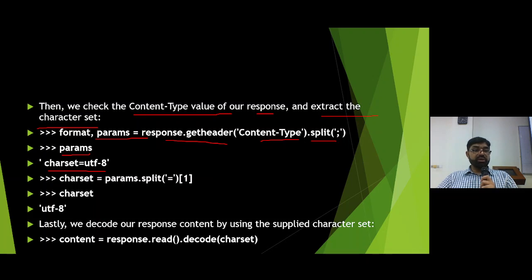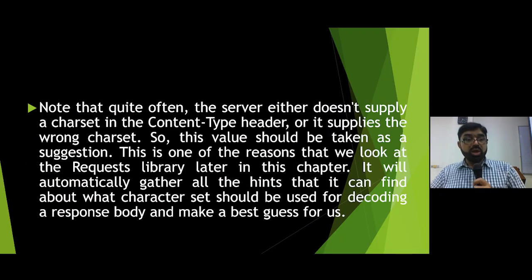Then we write charset equals params.split on equals, index 1, so charset. Again we get UTF-8. Lastly, we decode our response content using the supplied character set: content equals response.read().decode(charset).